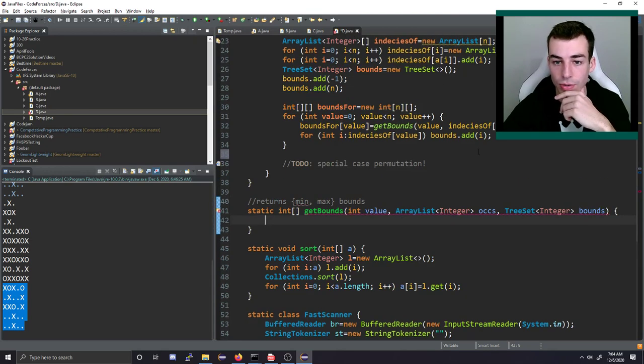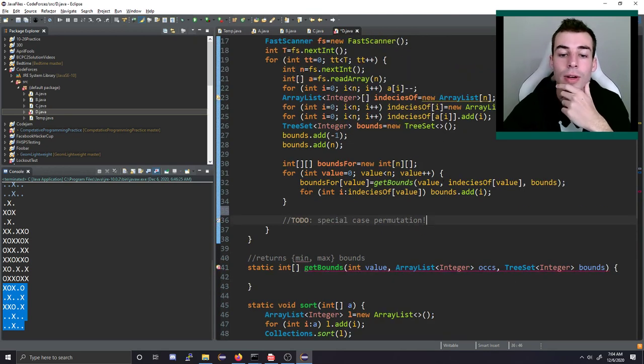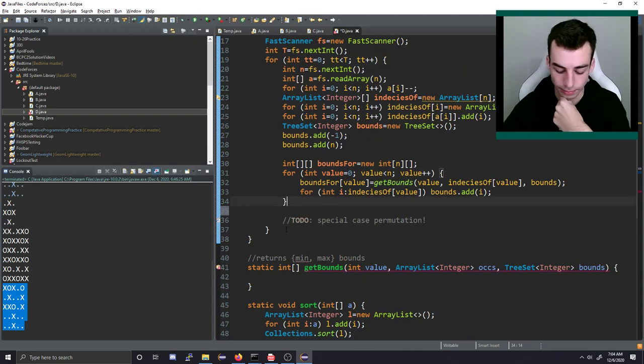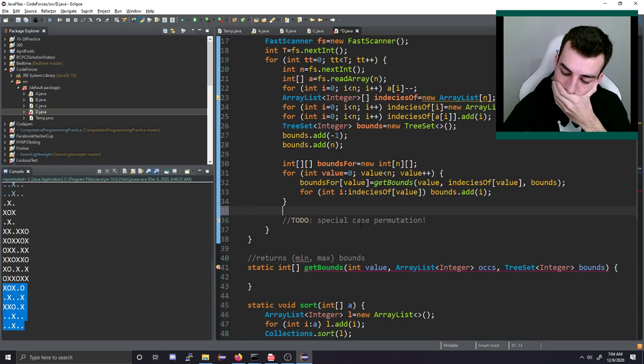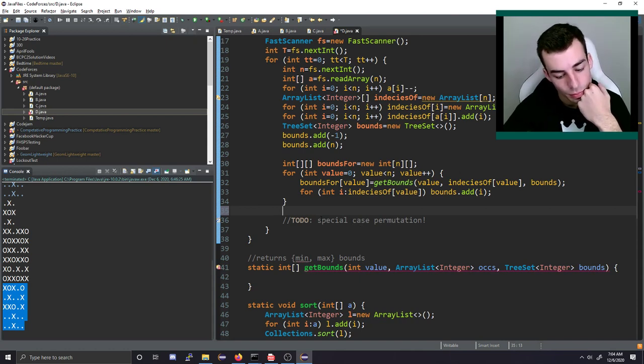How do we get the bounds? Well, actually, maybe we do this now. So we need bounds for the numbers from 1 up to n. For the minimum, we need the minimum of u and everything smaller than u.